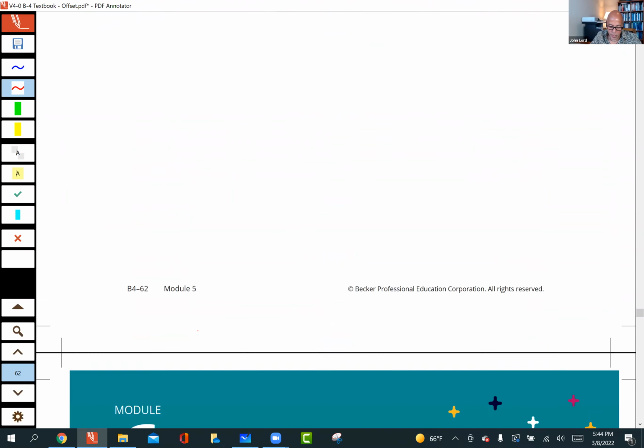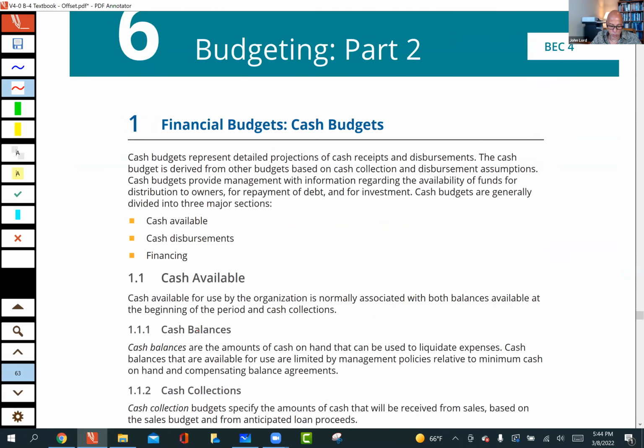Let's take a look at part 2. And what we're going to do now is turn these production budgets into cash budgets. Now, I don't know what they're trying to say to us with these bullets here. I keep looking at that and trying to make sense of it. The cash budget is whatever the beginning balance of cash is, plus cash collections.